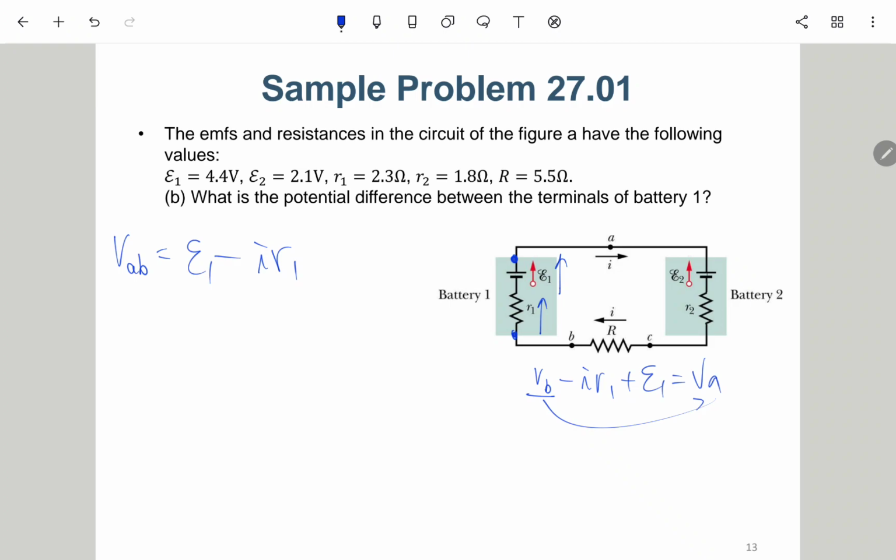We already know E1 is 4.4, and I is 0.240 from question A, multiplied by R1, which is, sorry, 2.3, this one. So this is 3.8 volt.